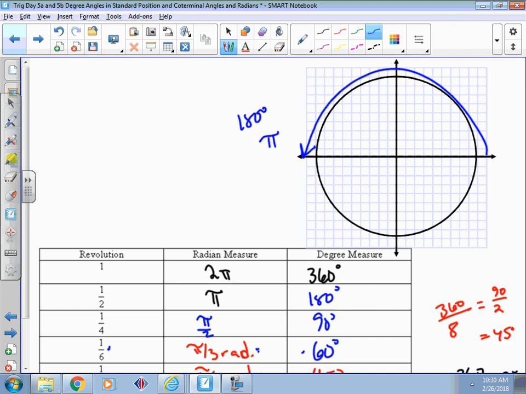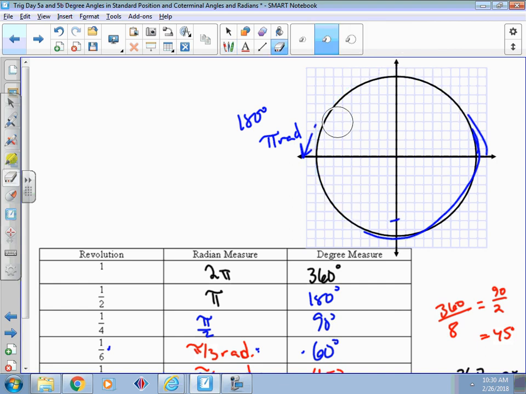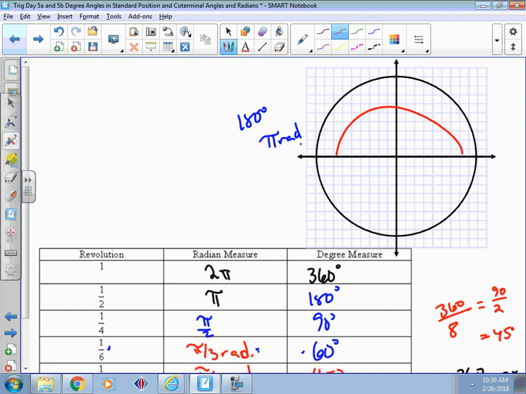So for every 180 degrees, that's pi radians. For every pi radians, we have 180 degrees. So there's 1 pi radian, there's 2 pi radians, 3 pi radians, 4 pi radians, you get the idea, okay? Or you could count that all in degrees if you so desired. This would be 180 degrees, plus another 180, 360 degrees, plus another 180, I can't count that high, but you get the idea.